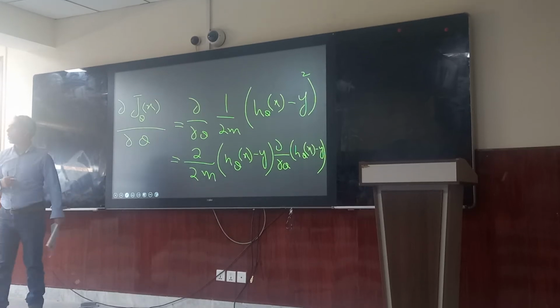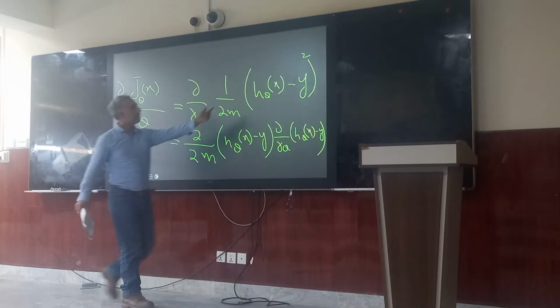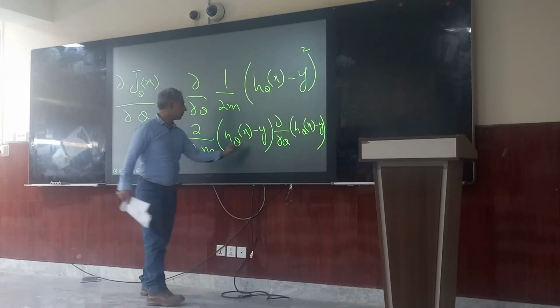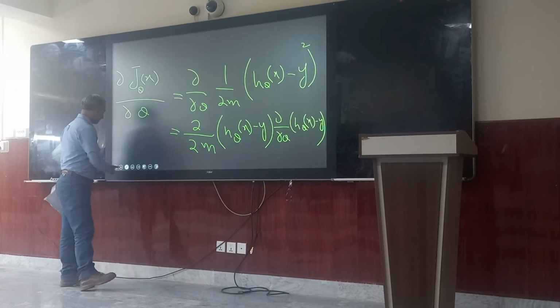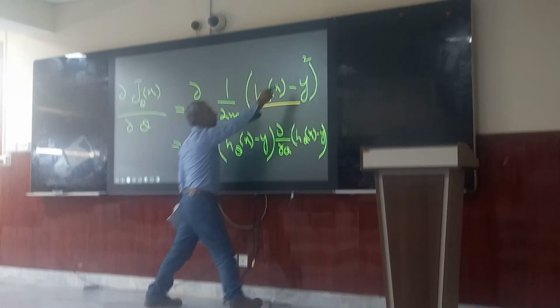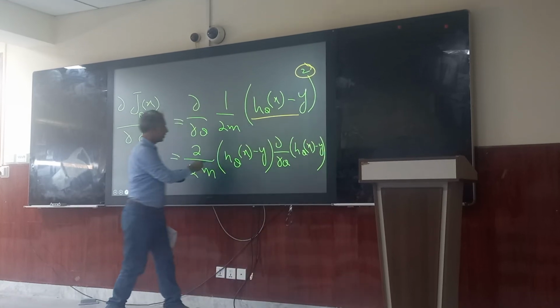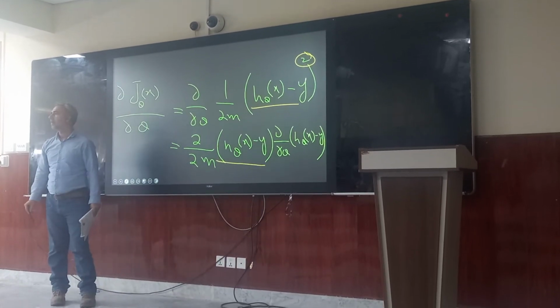You don't know how to take the derivative? Then here is the scale; you get rid of the scale. Then inside of this, the angle. First you deal with this one. Is it clear?